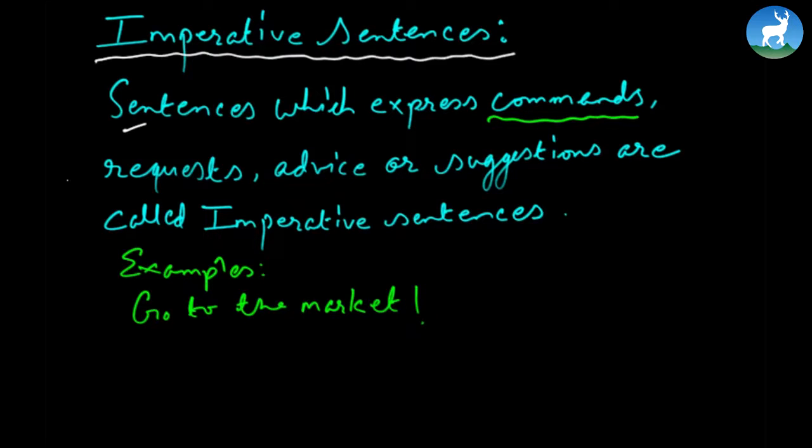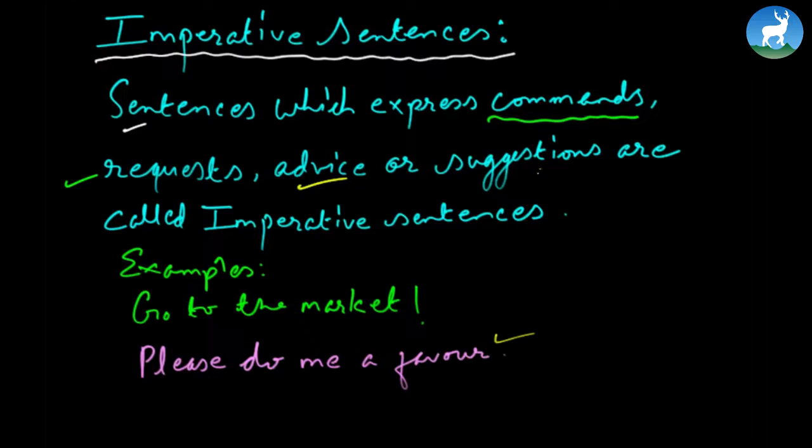Next thing is request. When you request somebody, like for instance, please do me a favor. A request, whenever a sentence expresses a request, it becomes imperative. Or advice, or suggestions. What are advice and suggestions?